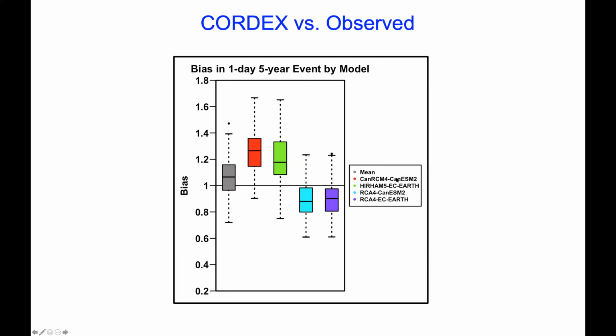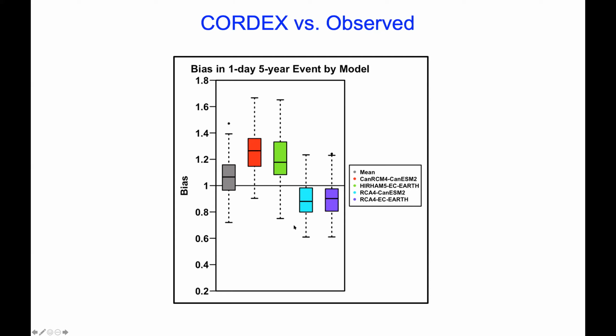What CORDEX does is take 2 different global scale models, a Canadian model and this EC Earth model, and then feed them into actually 3 different regional models, a Canadian and a couple of US models. And what we see here is the same type of box plots, the 4 model average and the individual models across stations in New York for the 1-day 5-year event.